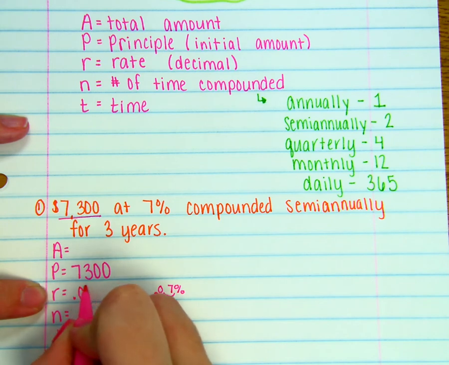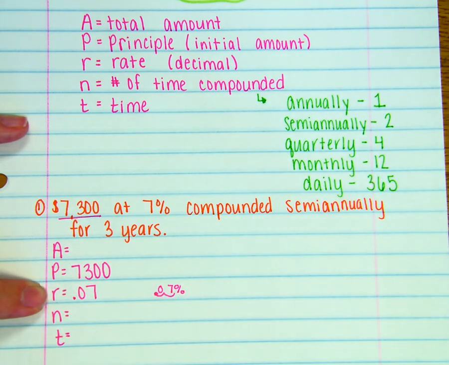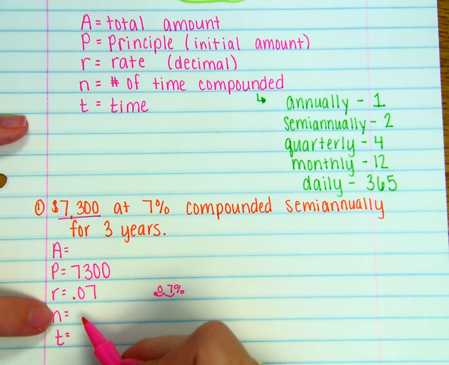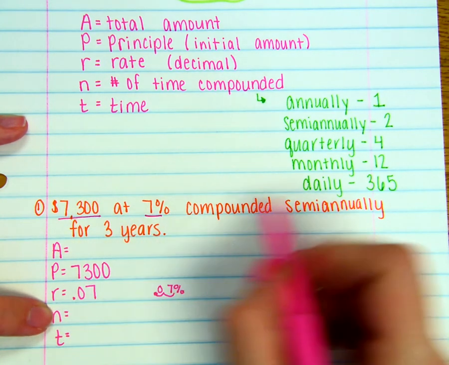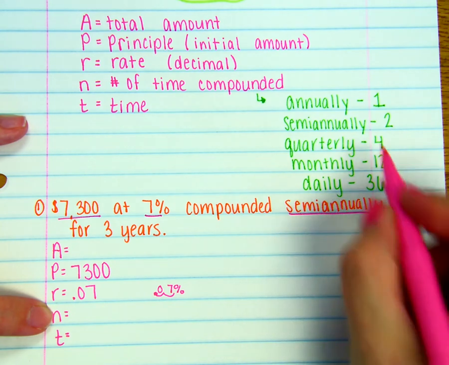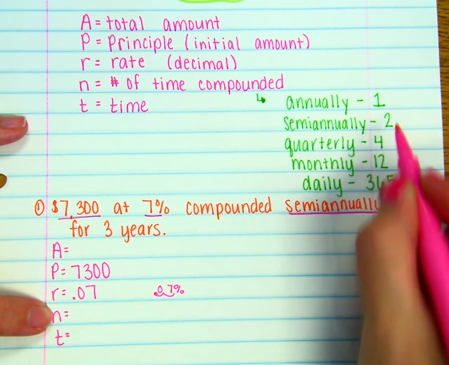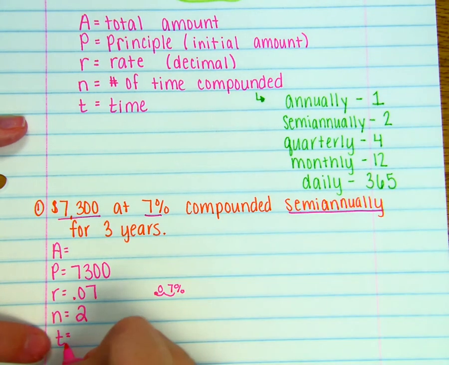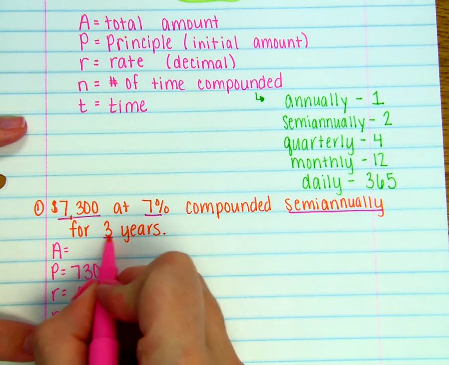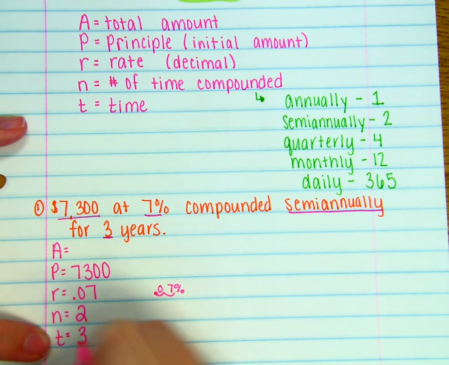So our rate is 0.07. N is the number of times it's compounded. It says compounded semi-annually, and semi-annually means 2. So N equals 2. And then the time is 3 years. So 3.